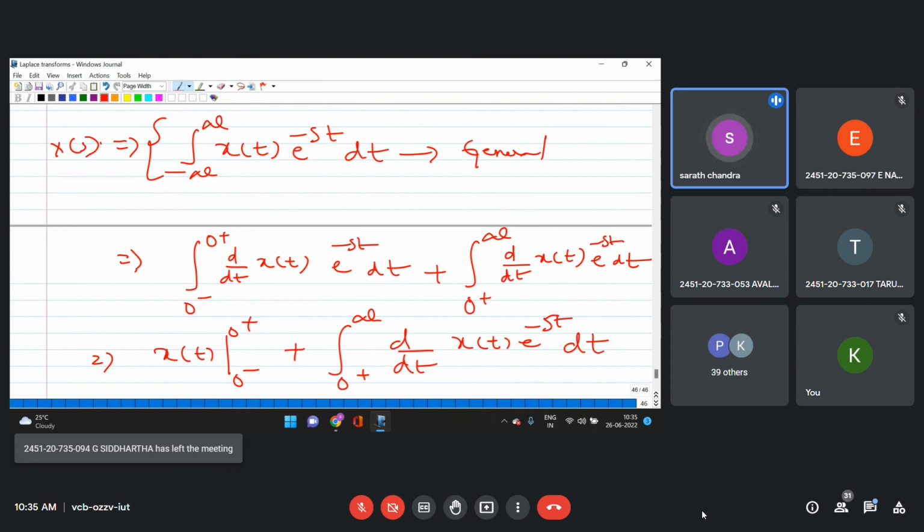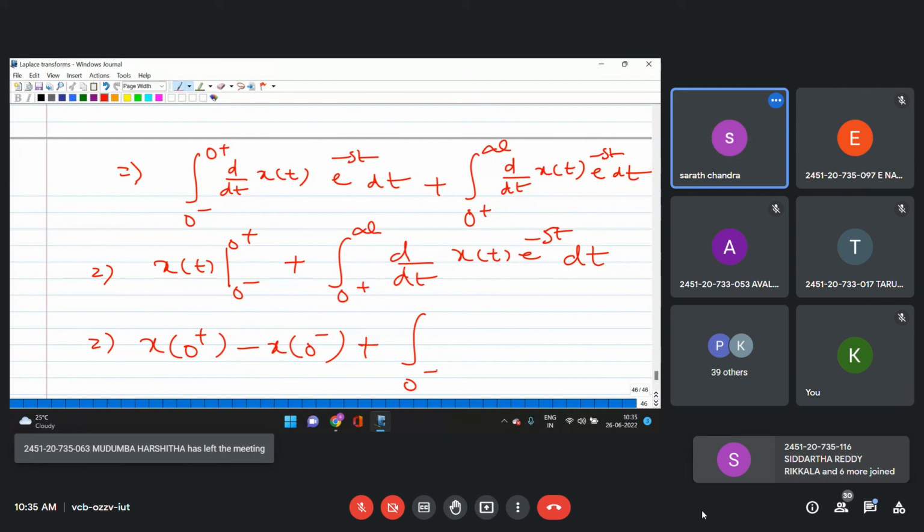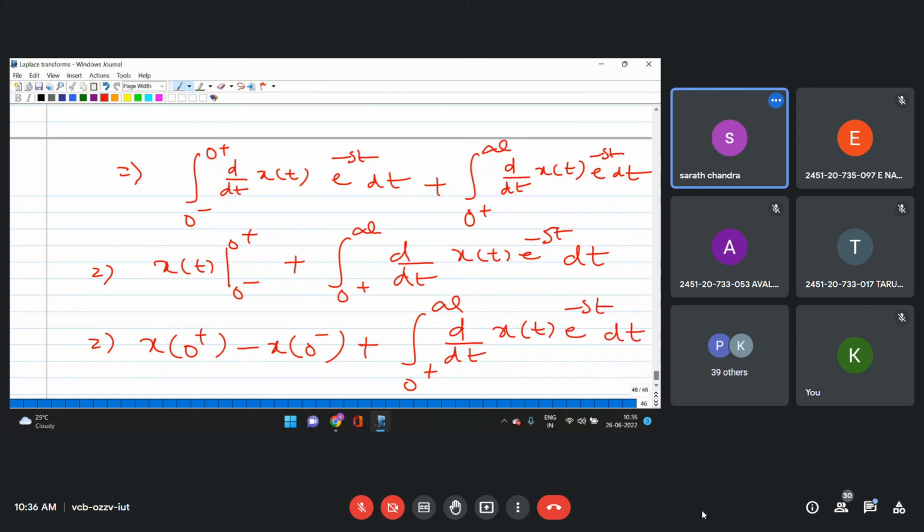Considering the initial values, this is how we have to go. So this will be x of 0 plus minus x of 0 minus, plus what I have is 0 plus to infinity d by dt of x of t e power minus st dt.